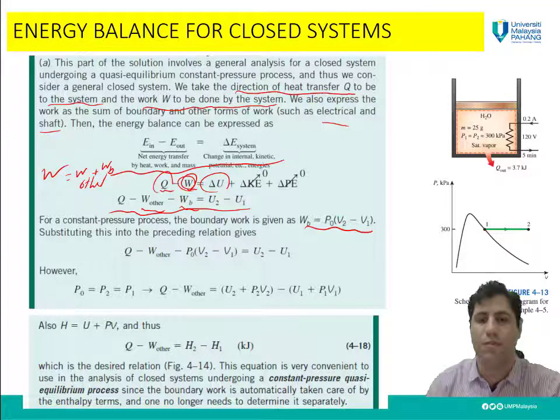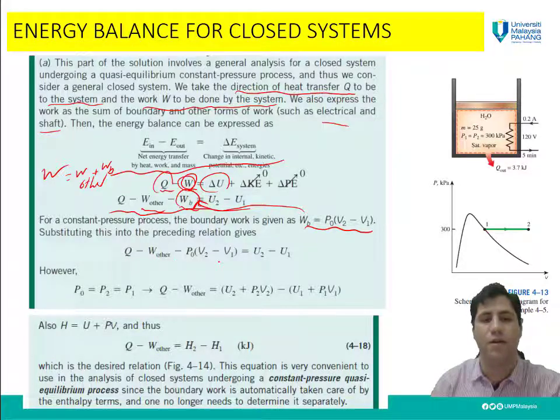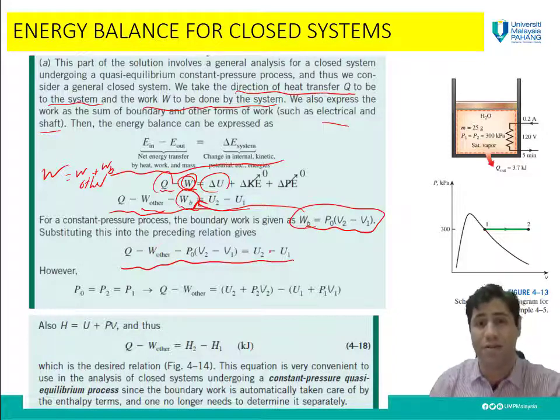So if we just substitute this W_B in this equation, we will have this equation: Q minus W other minus P, which is constant here, times V2 minus V1 equal to U2 minus U1. So simply we can reach this equation by this information: constant pressure process and boundary work for that process.